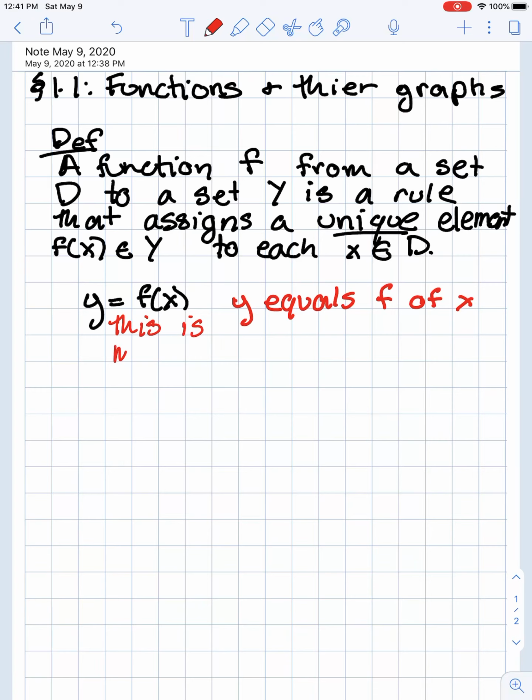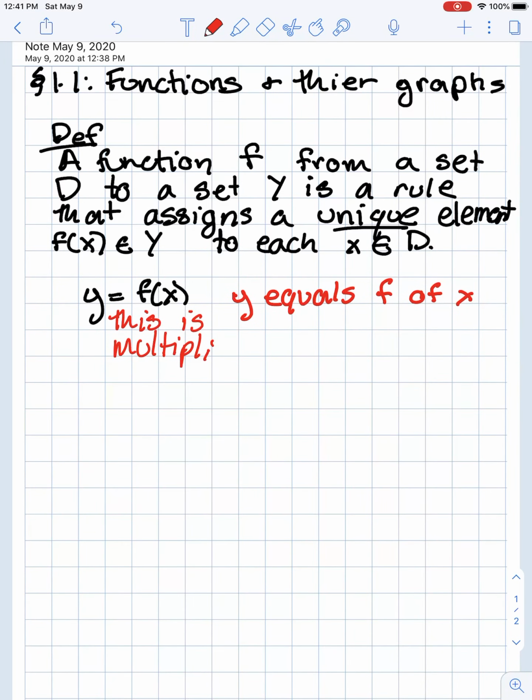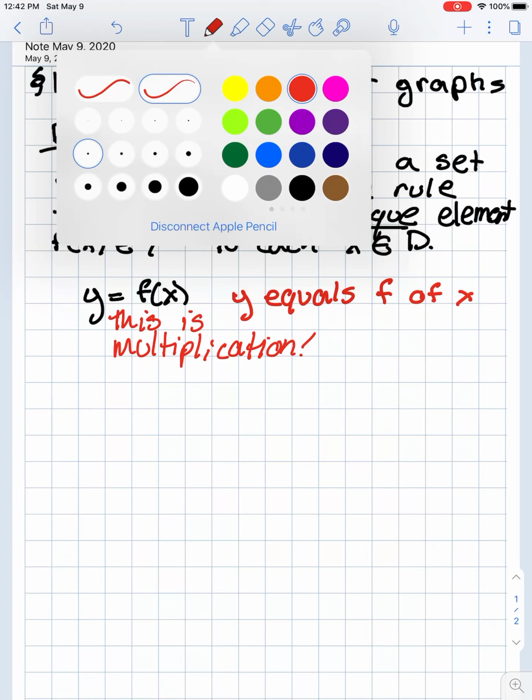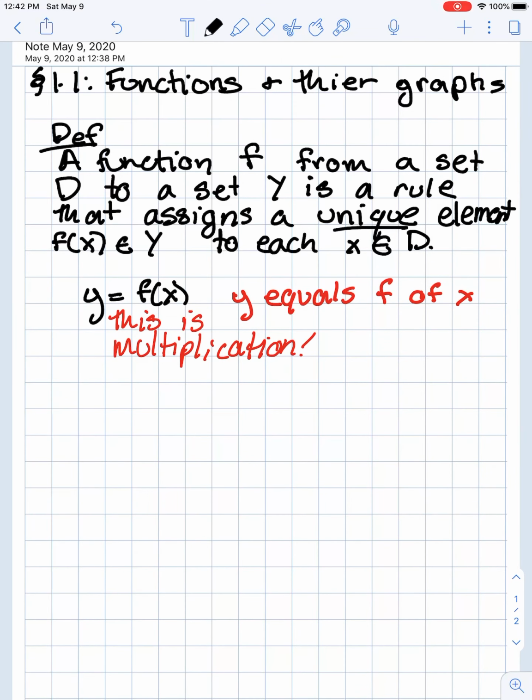This is not multiplication. So I'm not multiplying f times x. I'm saying there's something that I can plug x into, and then I'll get my y back out.